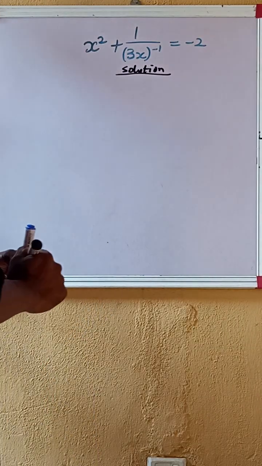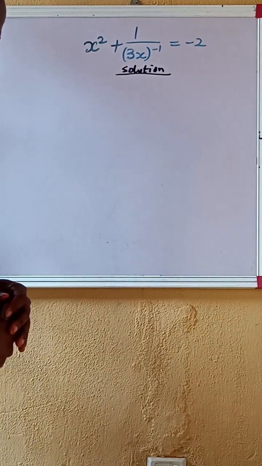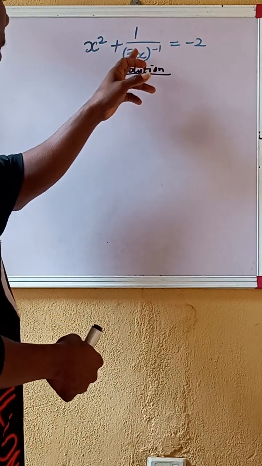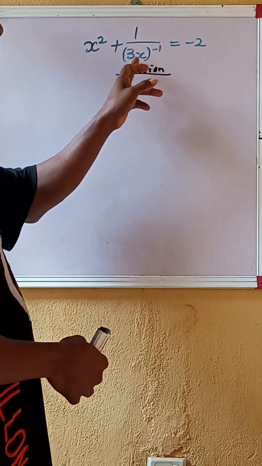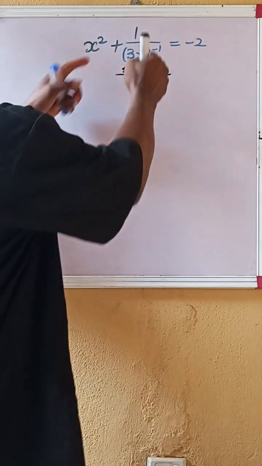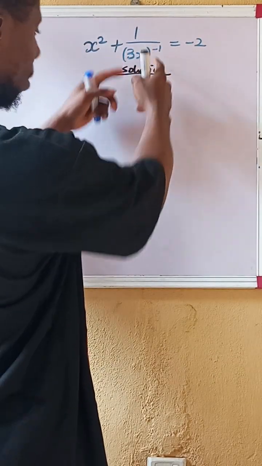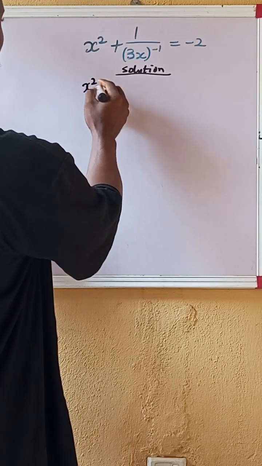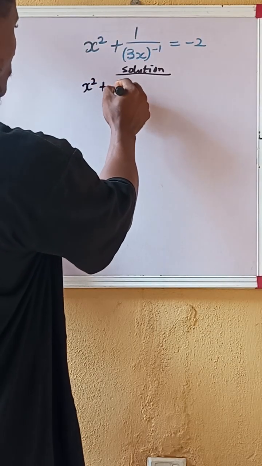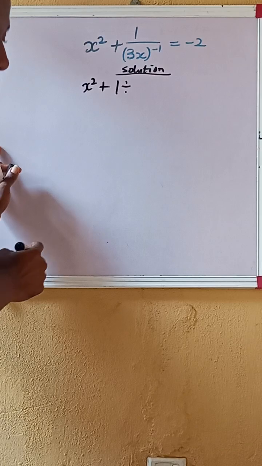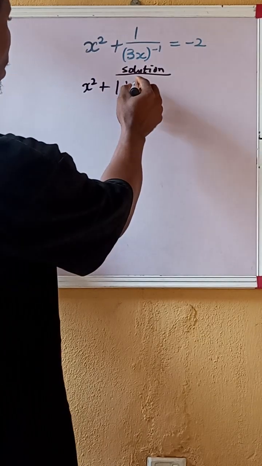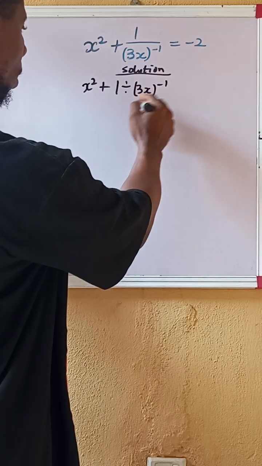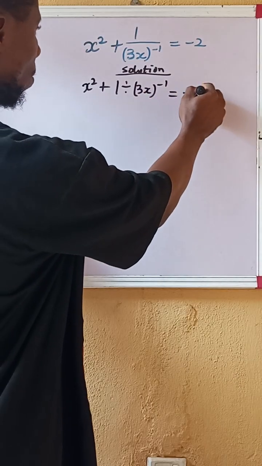Now, what I want to do for us is, first of all, you have x squared plus 1 divided by 3x raised to the power of minus 1. So we are going to write this question in another way, which is like this. x squared plus 1 divided by 3x raised to the power of minus 1, which equals minus 2.